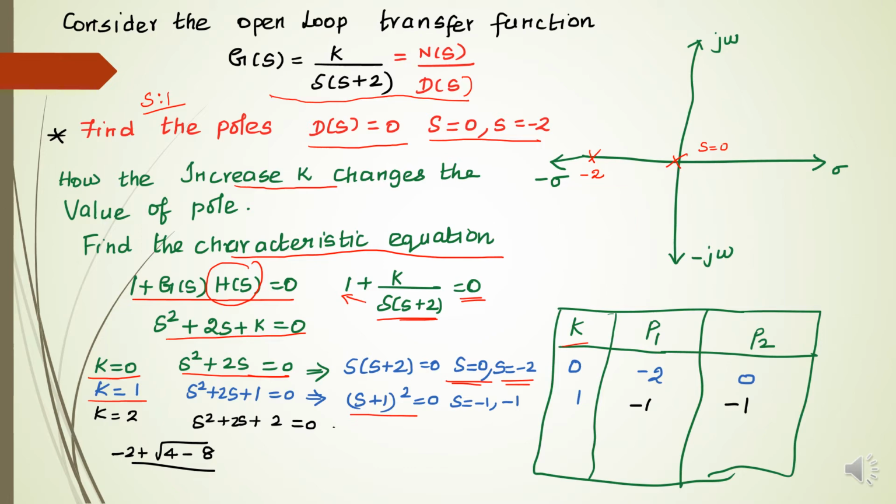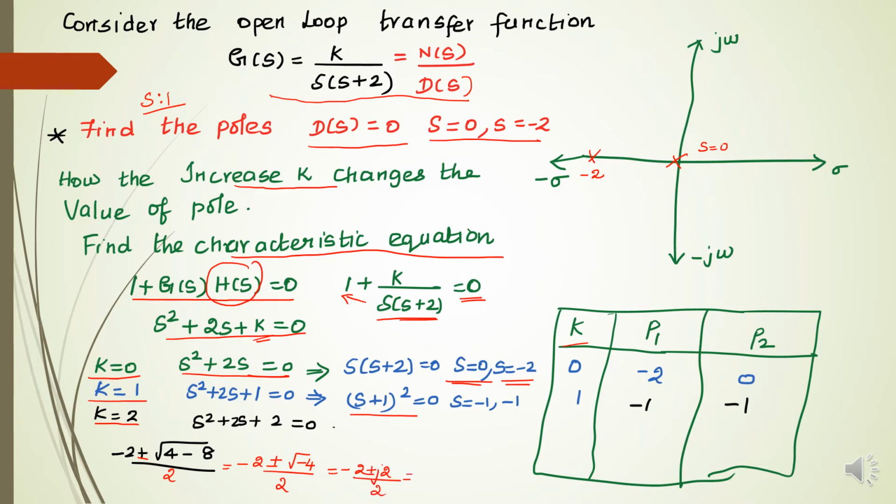Next, put K = 2. s² + 2s + 2 = 0. How to find the roots of the characteristic equation? s = (-2 ± √(b² - 4ac)) / 2, that is (-2 ± √(4 - 4·2·1)) / 2 = (-2 ± √-4) / 2 = (-2 ± j2) / 2.